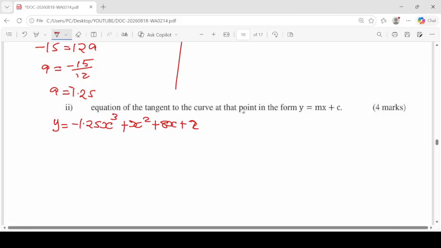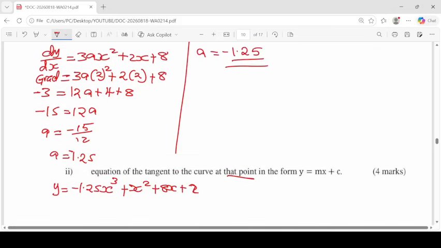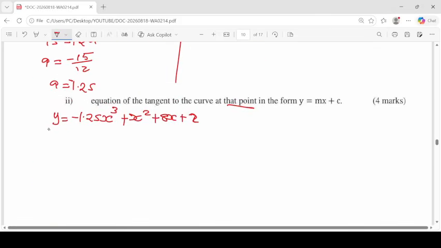They are saying at that particular point. So let's see, when x is 2, what is the corresponding value of y? Because here the value of x is 2. So we can say when x is equal to 2, then y will be given by negative 1.25 into 2 cubed plus 2 squared plus 8 into 2 plus 2.